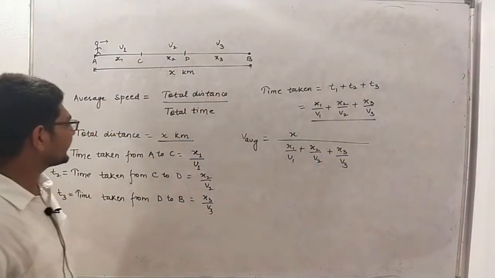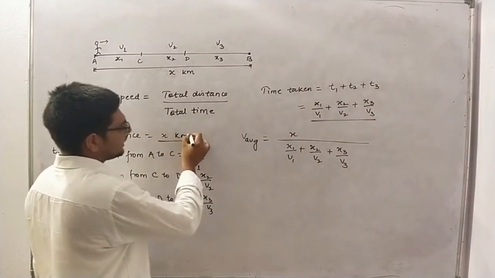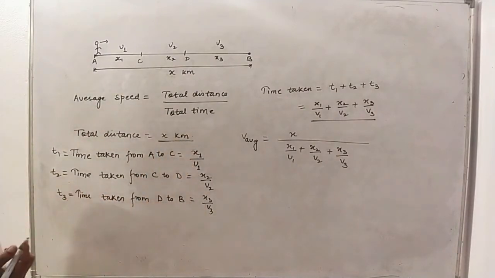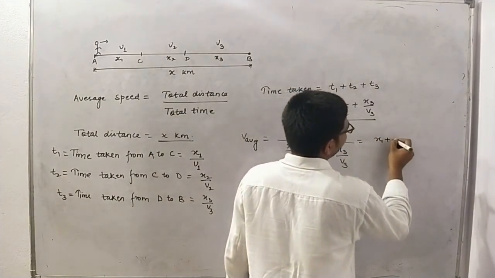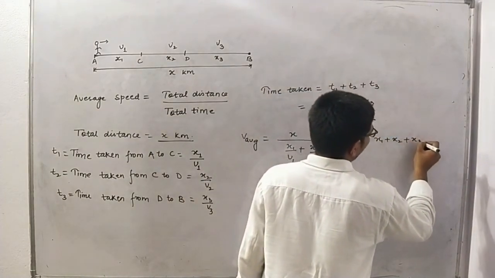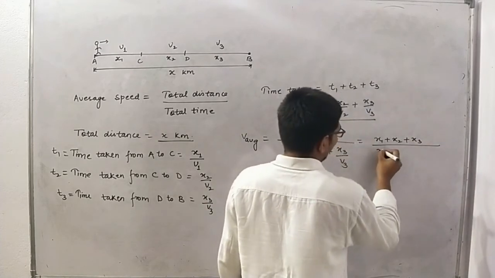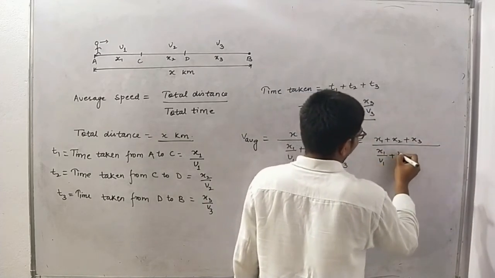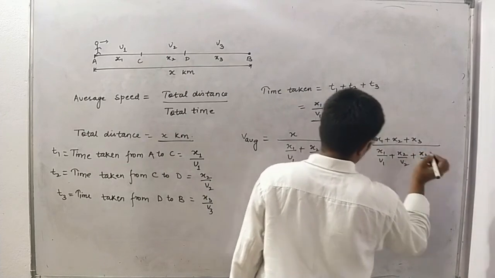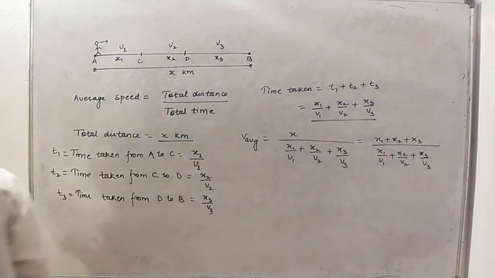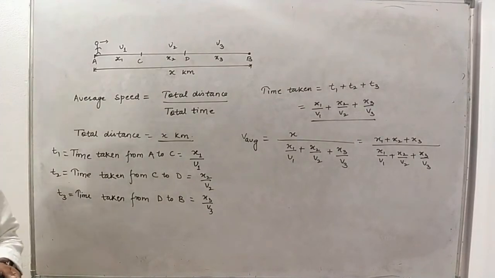This x is also equal to x1 plus x2 plus x3, so I can also write this as x1 plus x2 plus x3 upon x1 upon v1 plus x2 upon v2 plus x3 upon v3. So we calculate the average speed of the person in this manner.